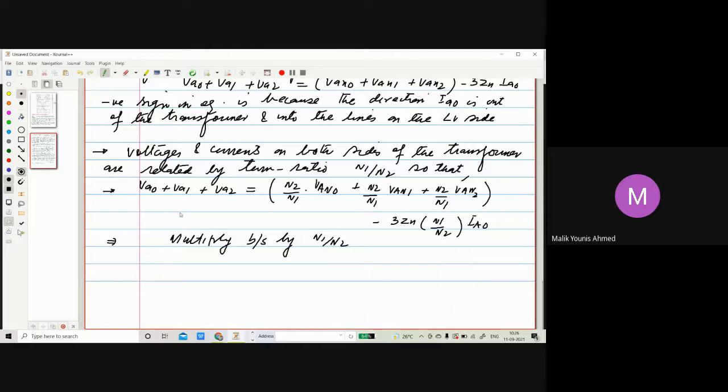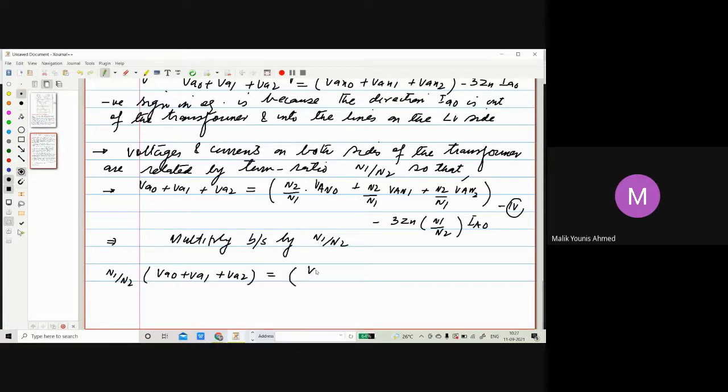So when I multiply, this above equation will become, let's call it equation number 4, n1 by n2 multiplied by VA naught plus VA1 plus VA2, and this will get cancelled.